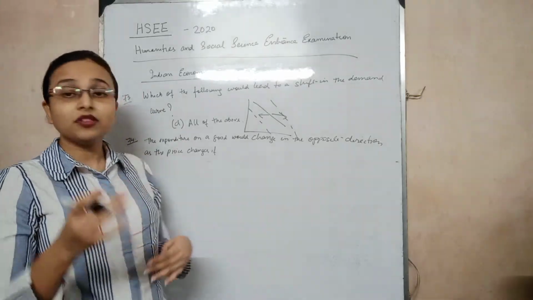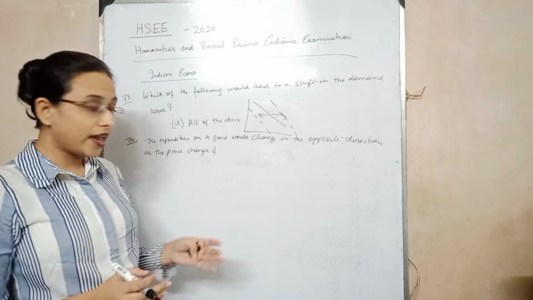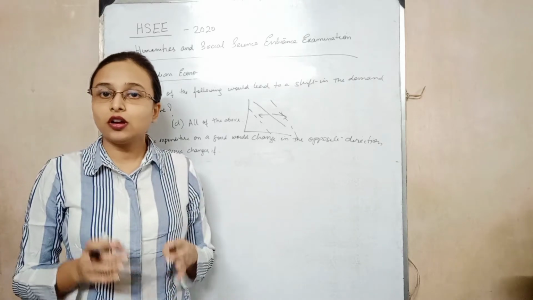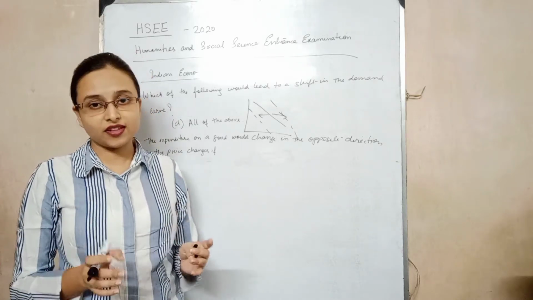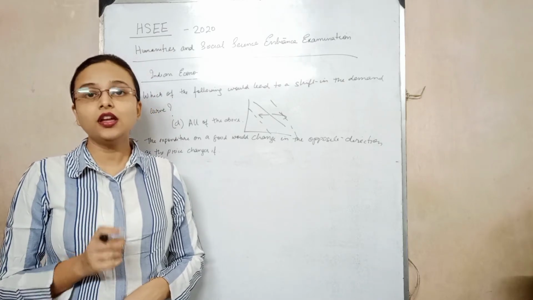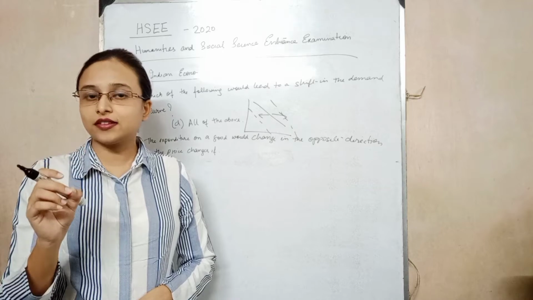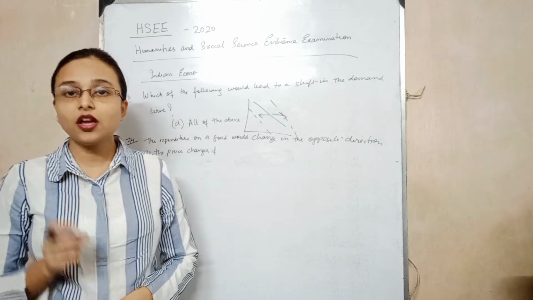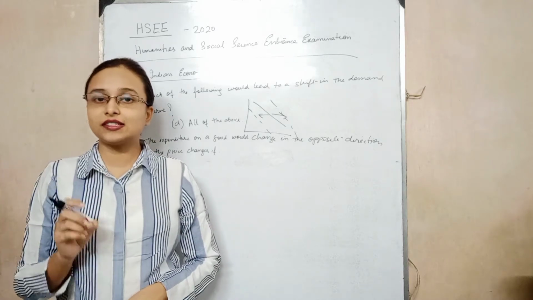It would change in the opposite direction when, firstly, the good is price elastic, secondly, the good is price inelastic, thirdly, the good is price constant, and the last option D, the good is price indeterminate.